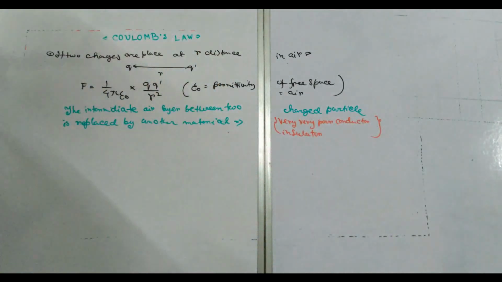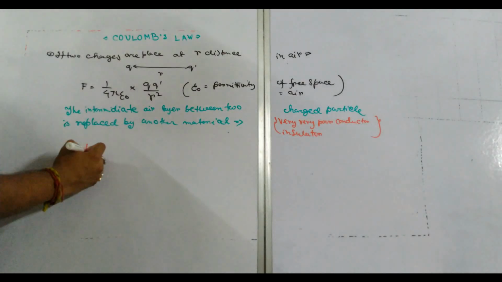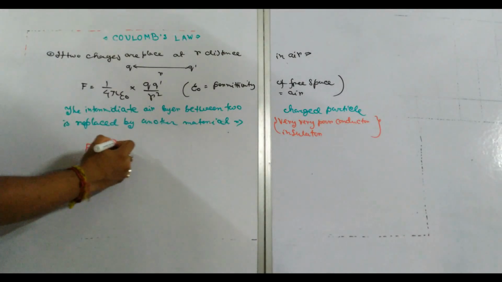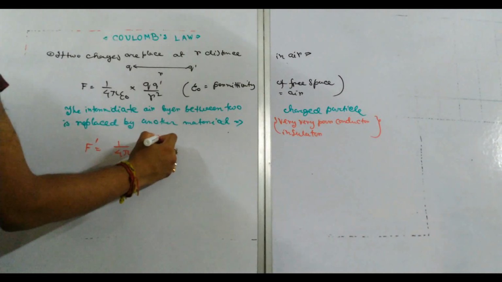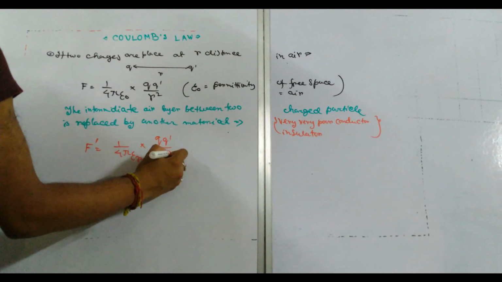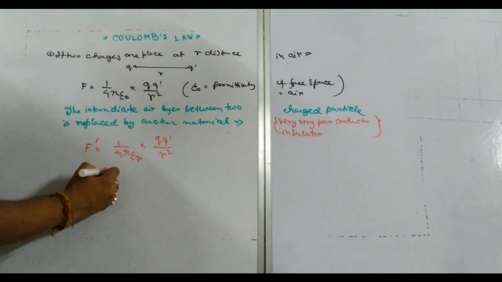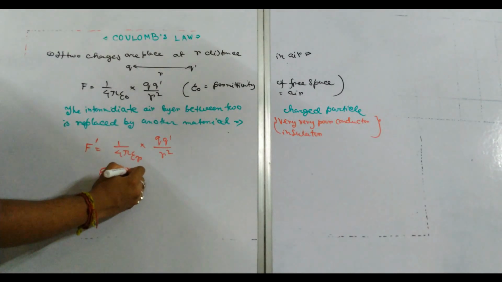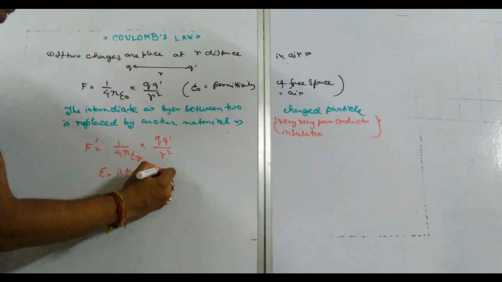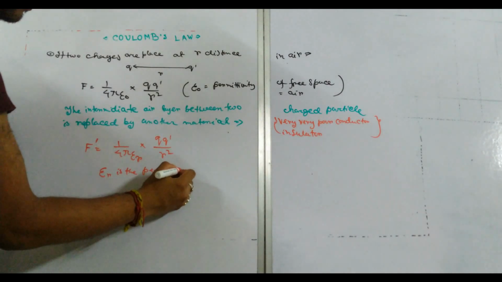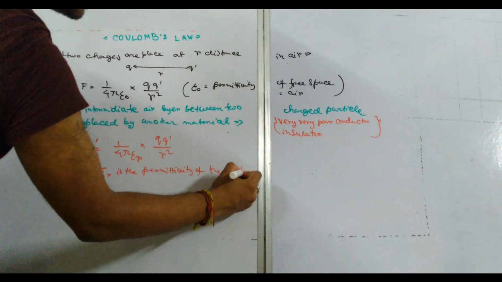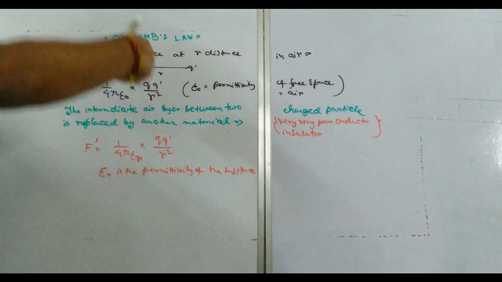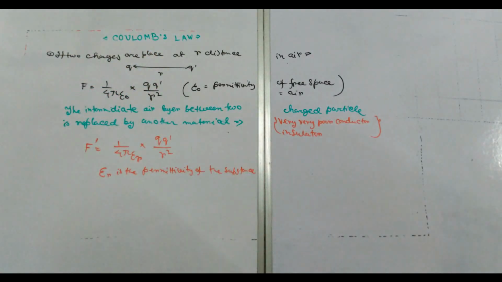Then the force of attraction or repulsion between the charged particles will change, and this would be 1 by 4 pi epsilon r into Q Q dash by r square, where epsilon r is the permittivity of the substance which replaces the intermediate air between the charged particles.